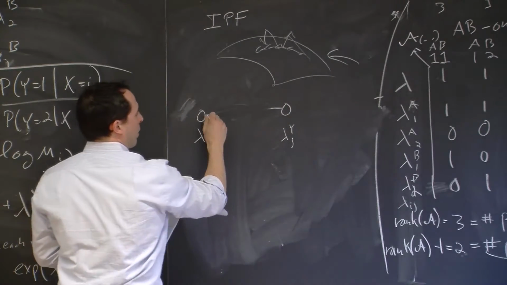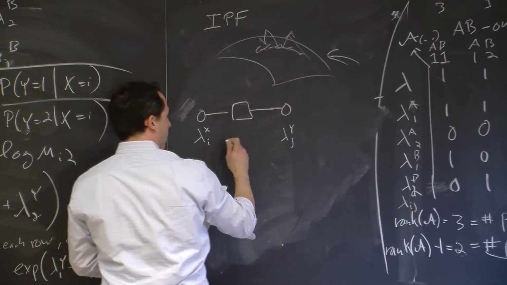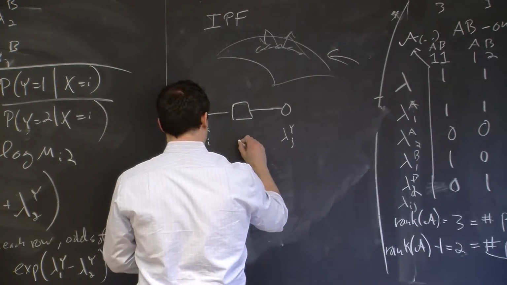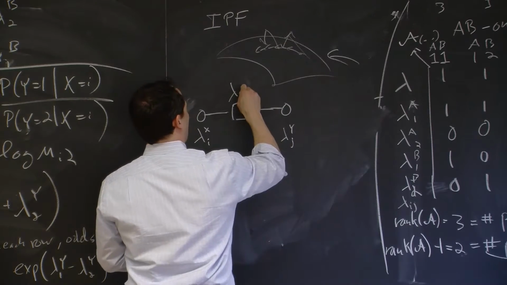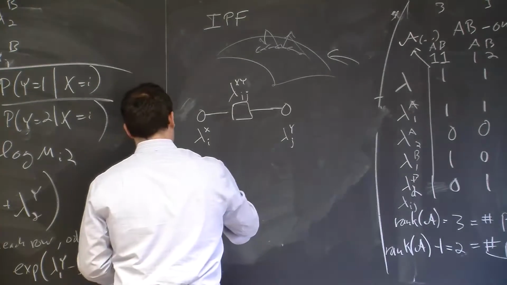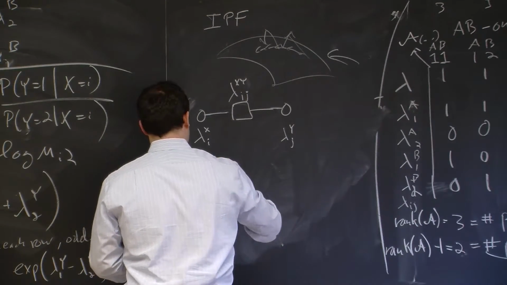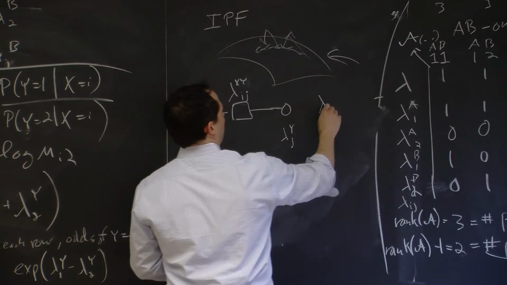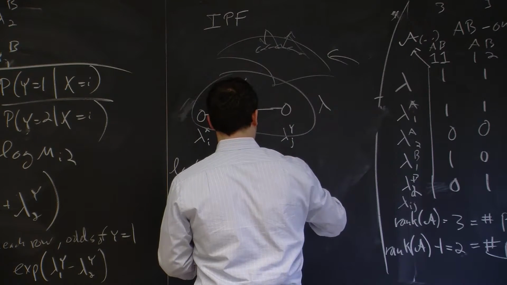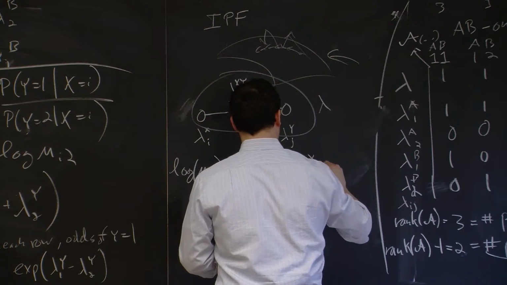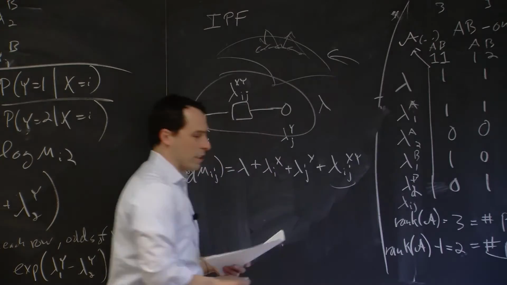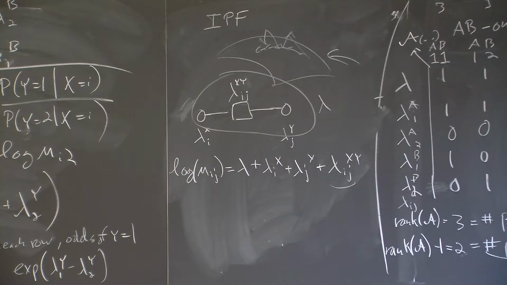If I want to allow for interactions, I now get I times J parameters. They're redundant, but naively I get I times J parameters, which I could label lambda ij xy. Writing that out, this would be log mu ij equals lambda, the global parameter, plus lambda i x plus lambda j y plus lambda ij xy. So these are the association terms expressing deviation from independence.